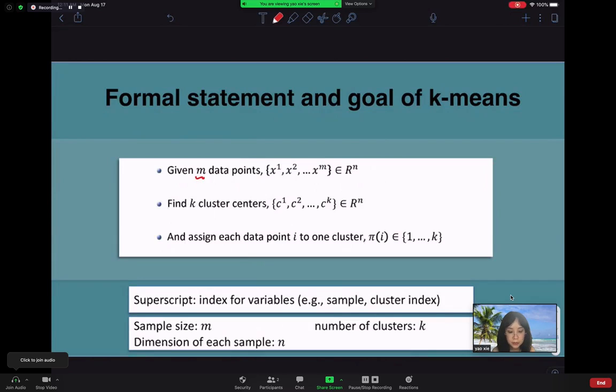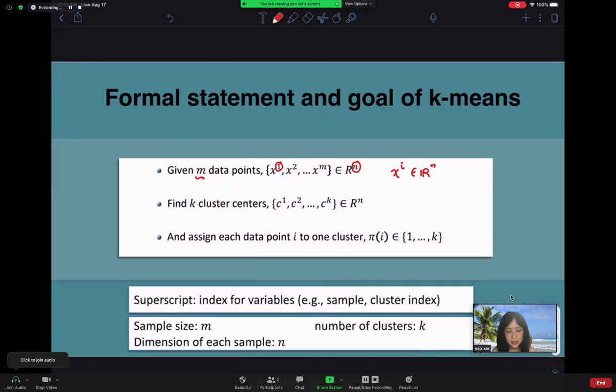Each of the data points is an n-dimensional vector. Remember, that's the number of pixels for each image in this example. One convention we also have is that we put the index for the sample as a superscript to the x, with the understanding that any of these x^(i) is an n-dimensional vector, representing a vectorized image.